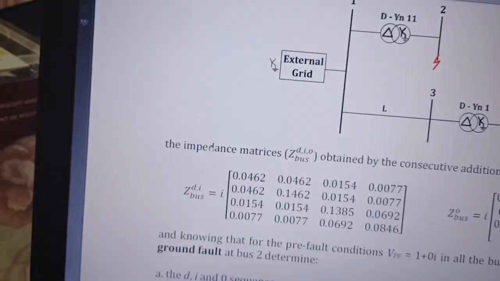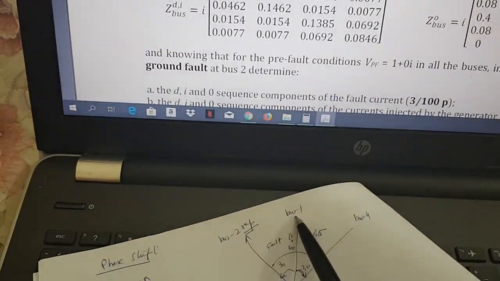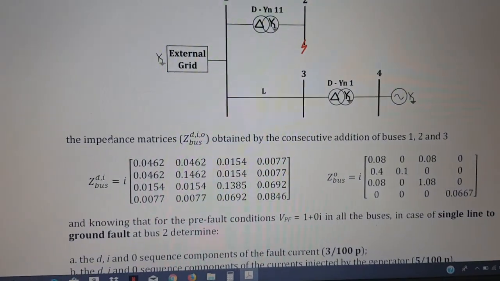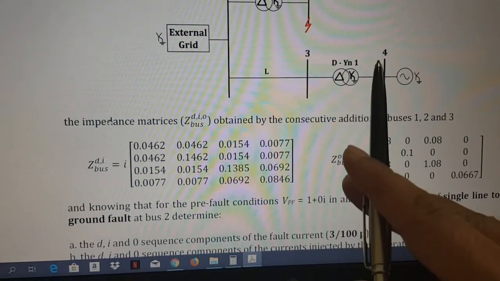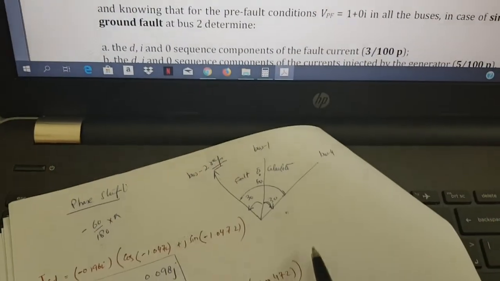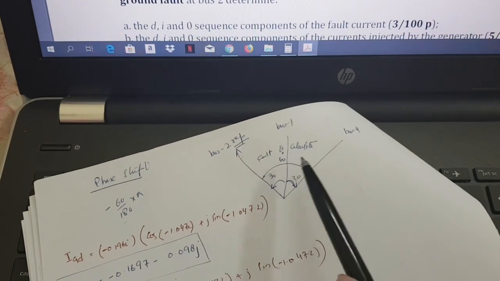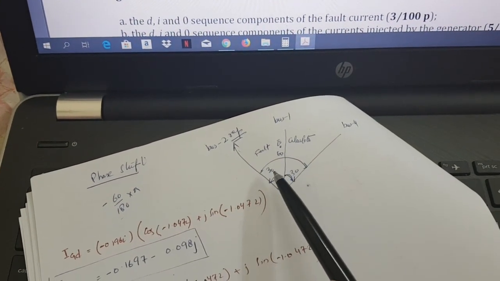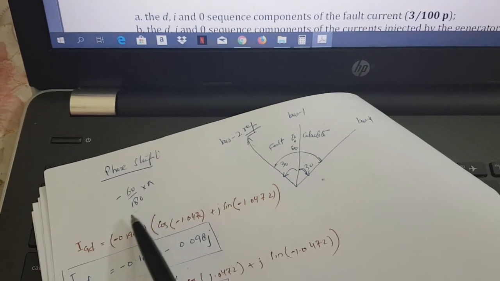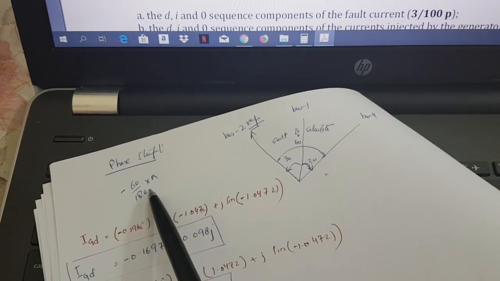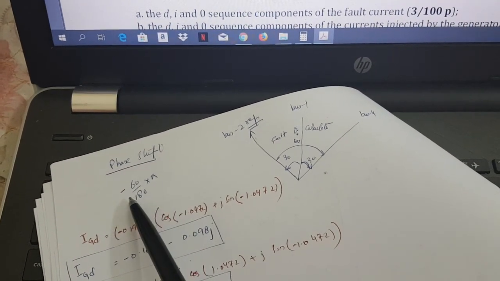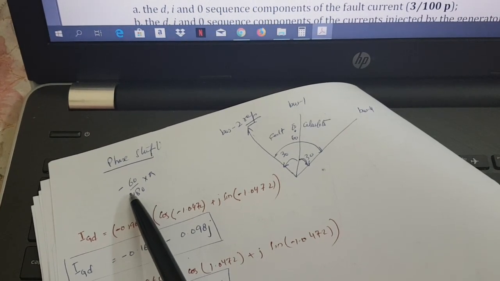Then comes bus 1, which is 30 degrees apart, and then comes bus 4 where we are right now calculating our generator currents, and the total from the reference to the generator bus is 60 degrees apart, minus 60 degrees.